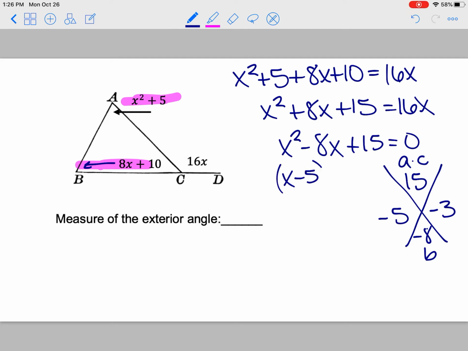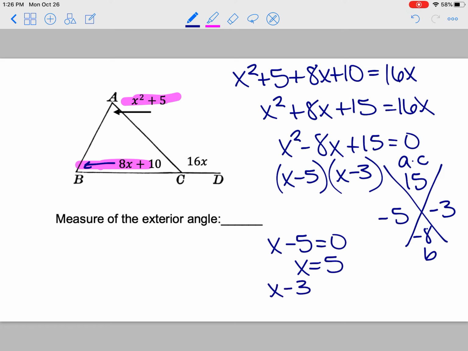So negative 5 times negative 3. So I can just put x minus 5, x minus 3, because there's not a coefficient. It works out that way. And so if they're wanting us to find the measure of the exterior angle, we have to know what x is. So if we set these equal to 0, I can solve and x would equal 5. I can set the other one equal to 0 and x would equal positive 3.